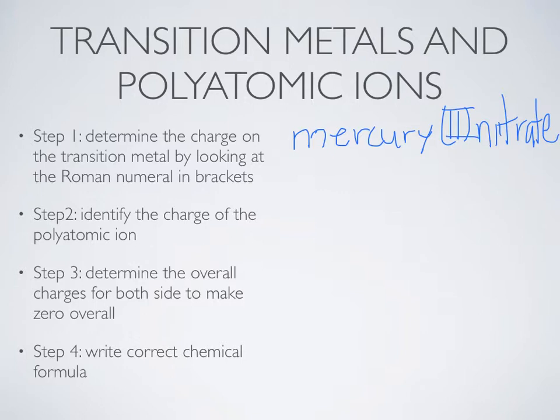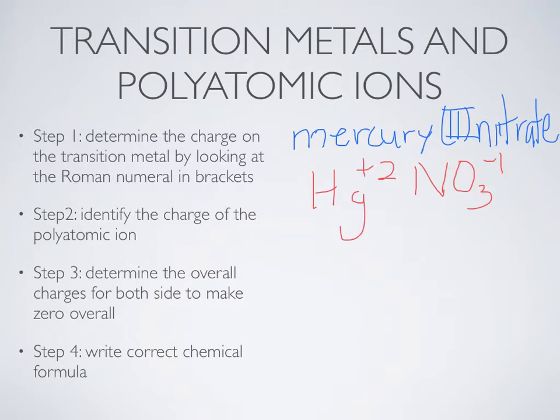So first we need to determine the transition metal charge by looking at the Roman numeral in brackets. So that means we have Hg +2. Then we need to identify the charge on the polyatomic, which is nitrate, which is NO3 -1. Then we need to figure out the overall charge.